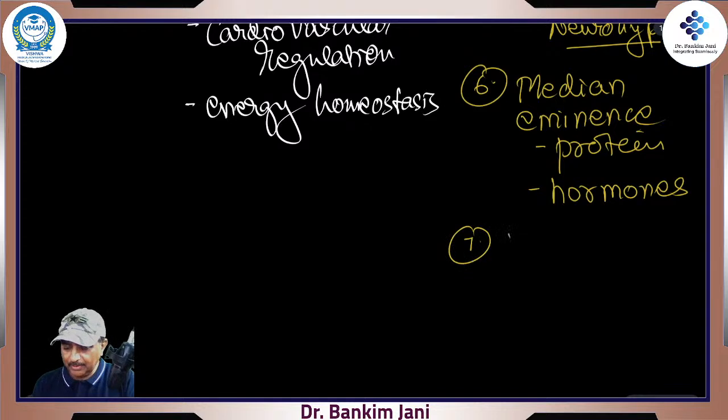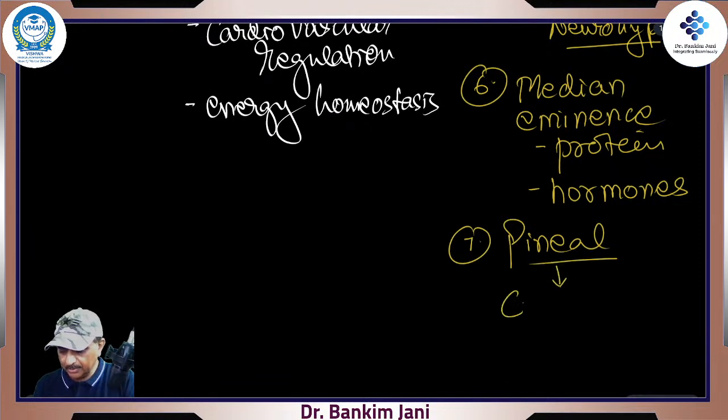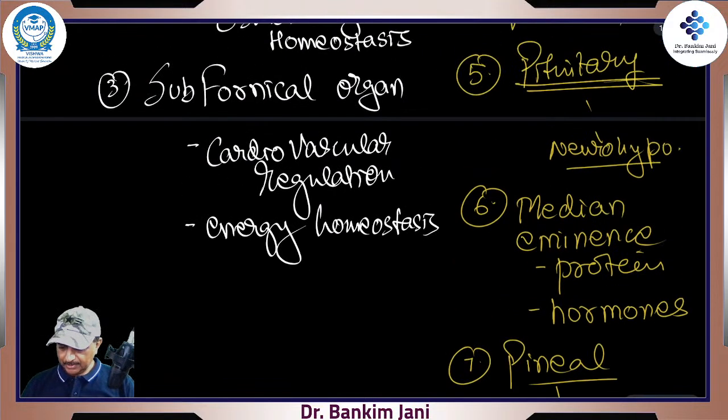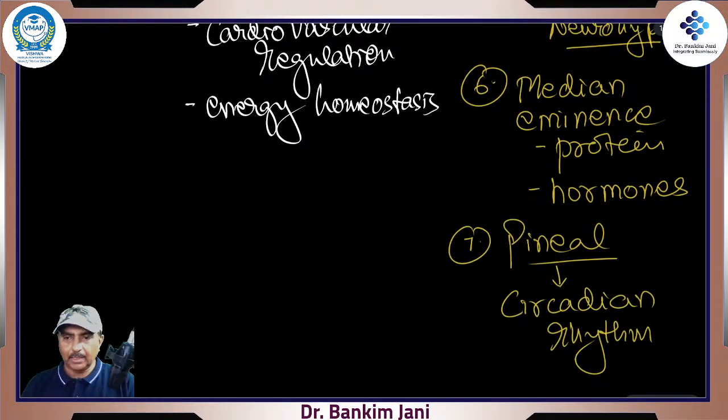The seventh one is the pineal, and the pineal is important for the circadian rhythm. It is meant for the circadian rhythm. So all these are collectively called the circumventricular organs.